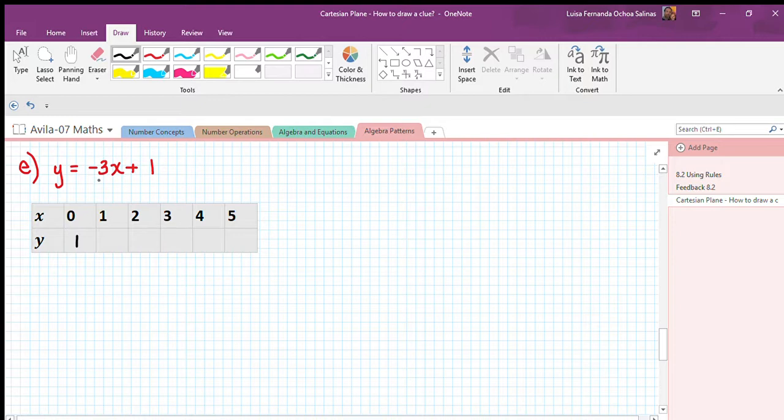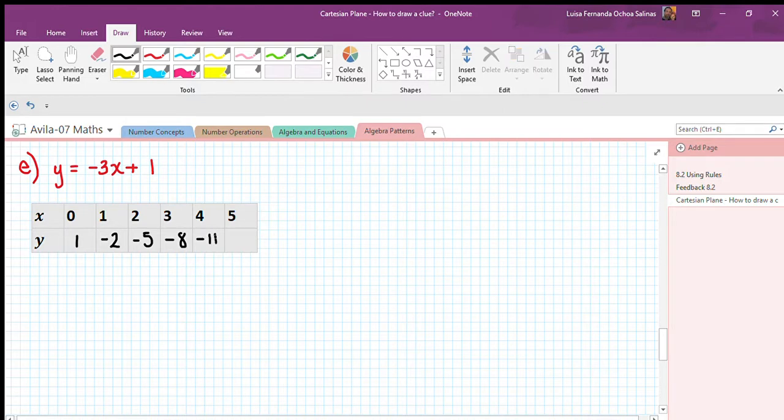And then if x is 1, this is going to be 3 plus 1, which is 4. Then 6 plus 1 is 7. Then 9 plus 1 is 10. Then 12 plus 1 is 13.